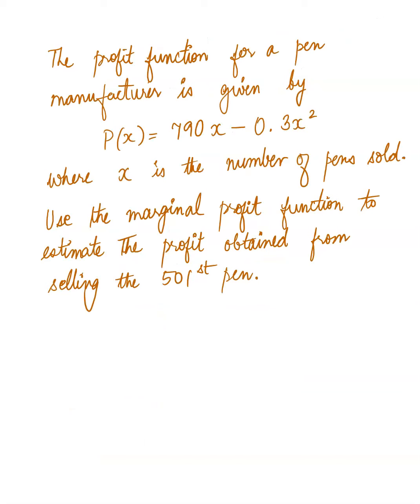I wanted to do this additional problem for better understanding. So here we have the profit function for a pen manufacturer, given as P of x, because it's profit, not cost, P of x equals 790x minus 0.3x squared, where x is the number of pens sold. Use the marginal profit function to estimate the profit obtained from selling the 501st pen.